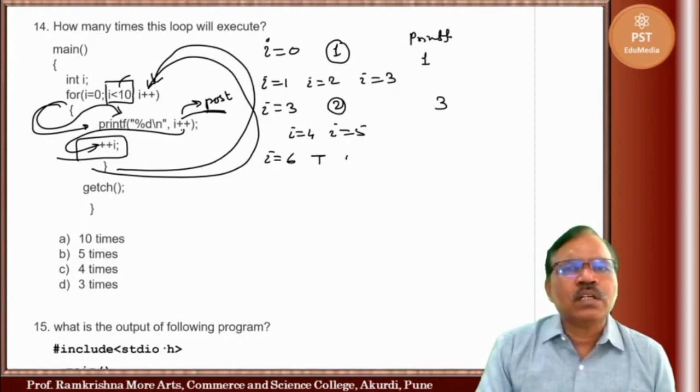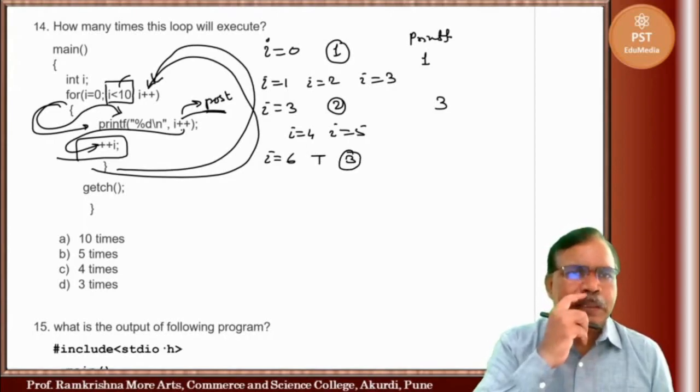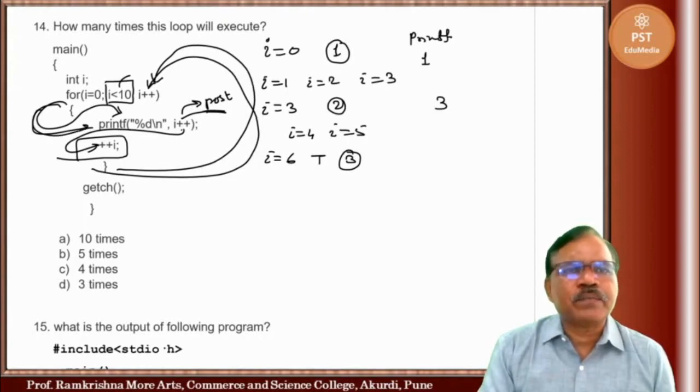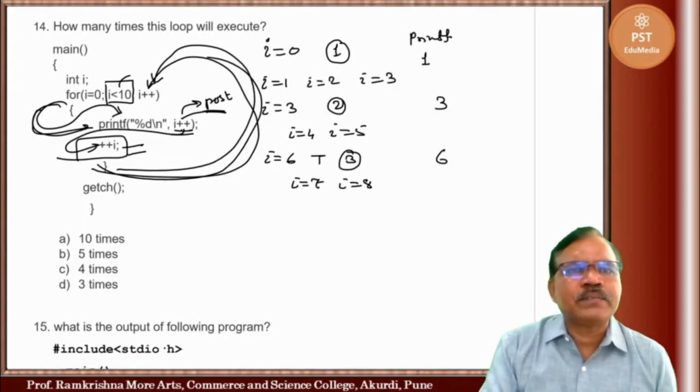So the third time the loop is executed, it goes here, i plus plus, so what happens here? 6 is printed, then i becomes 7, then here plus plus i becomes 8, and then it goes back, i becomes 9.